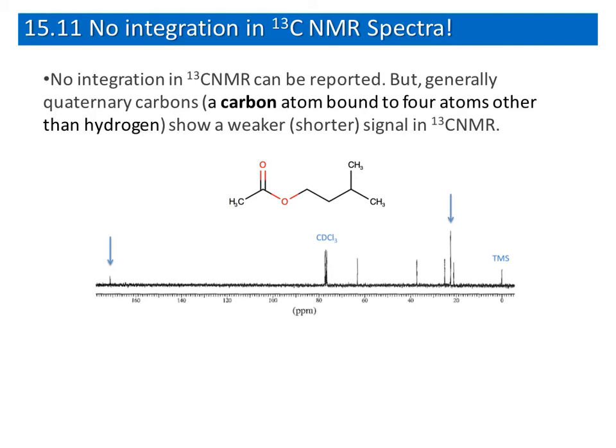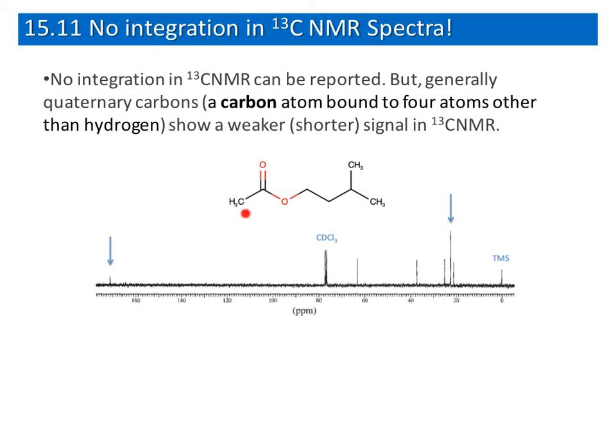As I mentioned, we don't have any integration in carbon NMR. We cannot report integration in carbon NMR. But generally we can say quaternary carbon, which is a carbon that is connected to 4 atoms other than hydrogen, usually shows a weaker signal in carbon NMR.